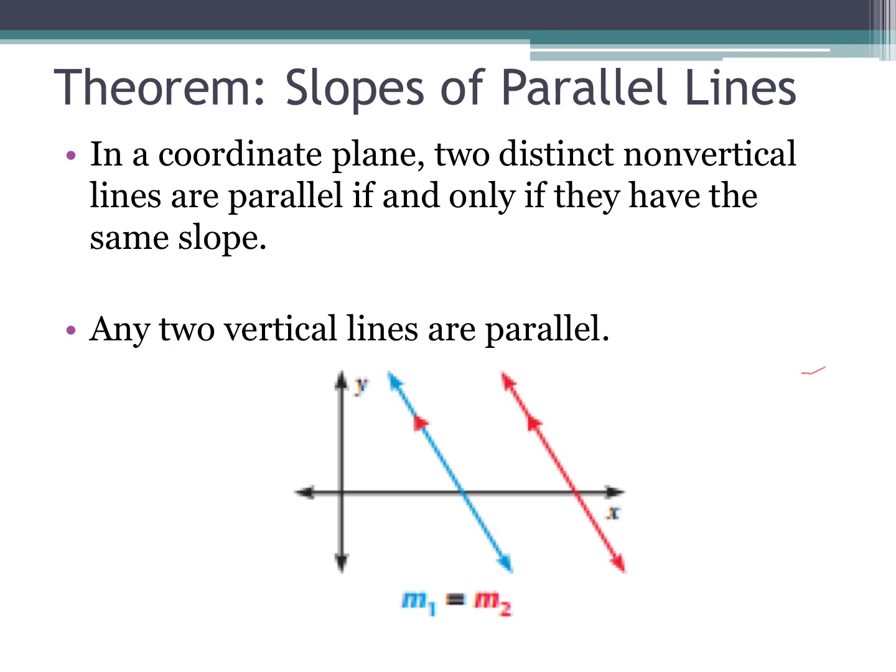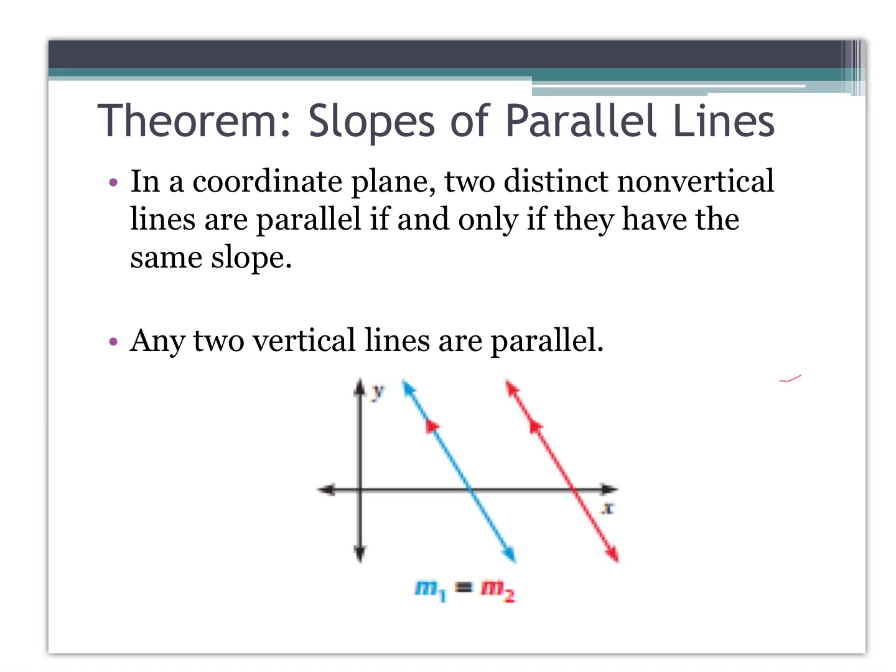So there is a theorem here that we use in Algebra 1 all the time, but we never told you it was a theorem. And the theorem says, in a coordinate plane, two distinct non-vertical lines, again, remember, vertical lines are our exceptions, so it's all lines except vertical, are parallel if and only if they have the same slope.